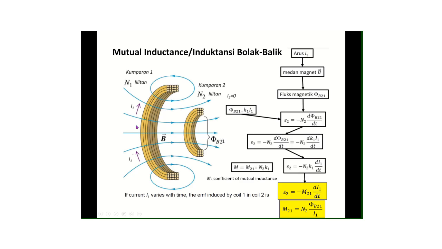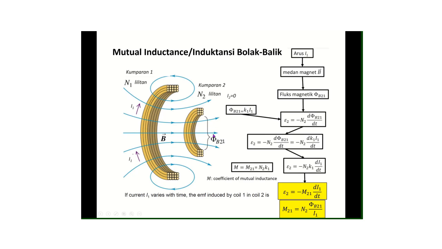If I1 is constant, there will be no change of the magnetic field. So the magnetic field B is constant, and it means there is no induced EMF in coil 2.